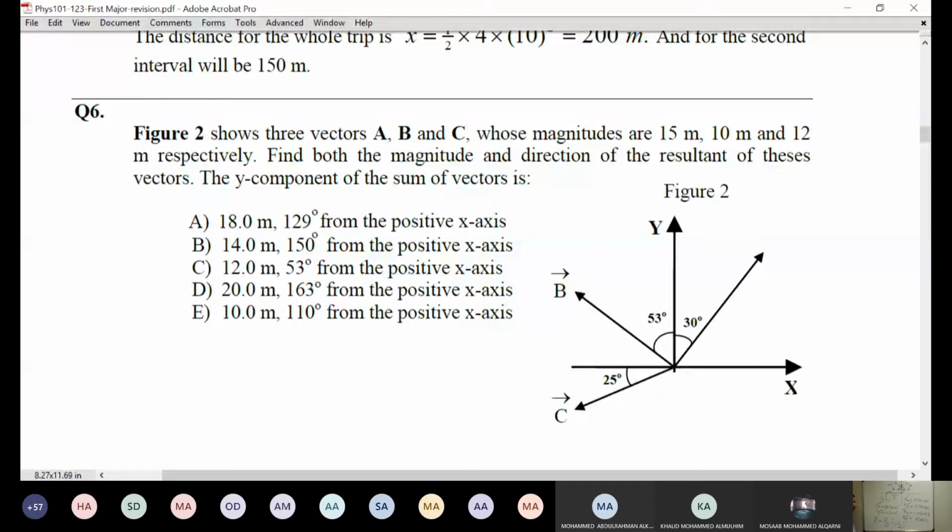Okay, for the magnitude, we are applying the Pythagoras theorem. And for the angle, when we are interested in the direction, then that will be tan inverse of Ry divided by Rx. So whatever the Rx you got here and Ry you got here, you put them in this equation and determine the angle. Do you guys have any questions for me?